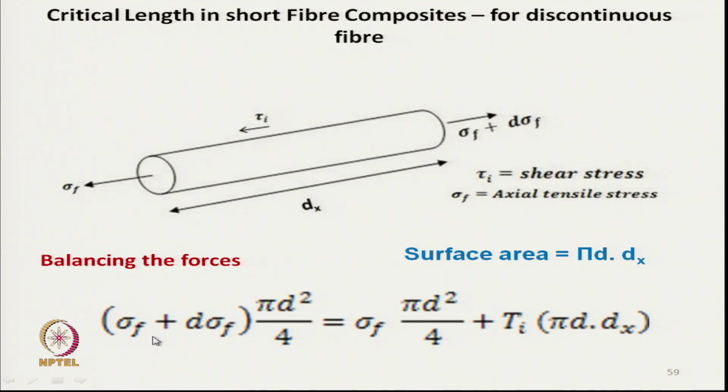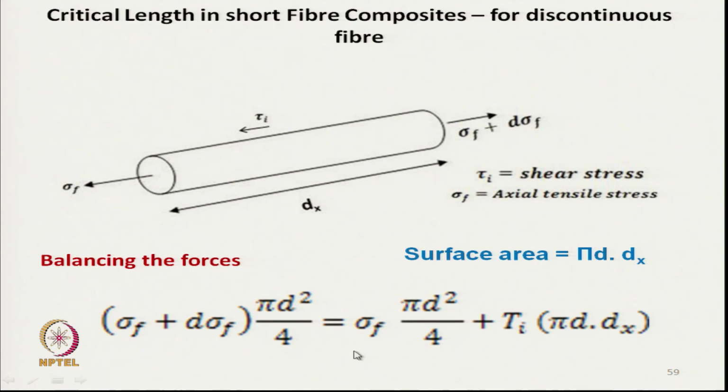This multiplied by the cross section of fiber is equal to the stress times this cross section plus the shear stress times the total surface area.